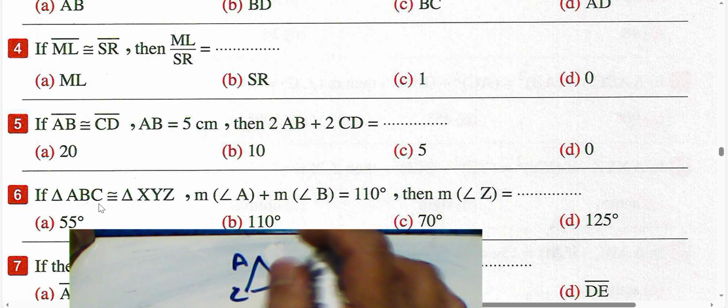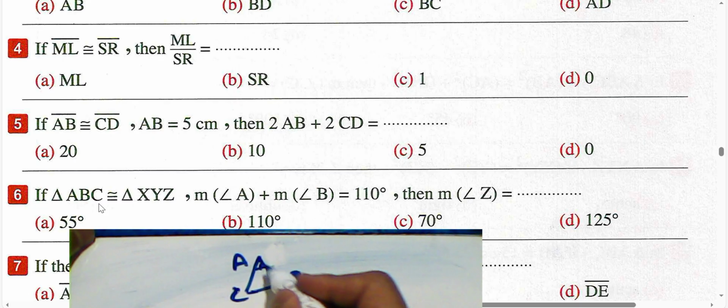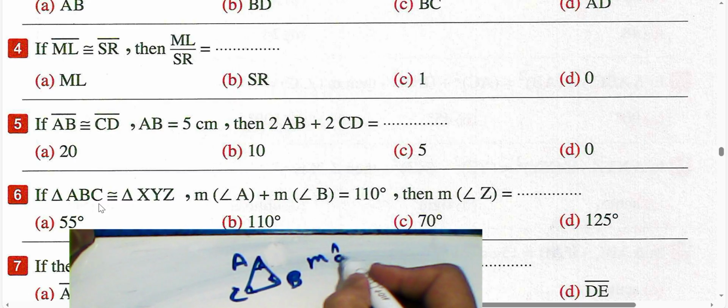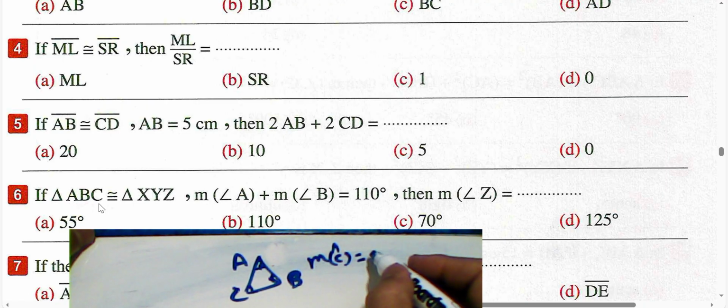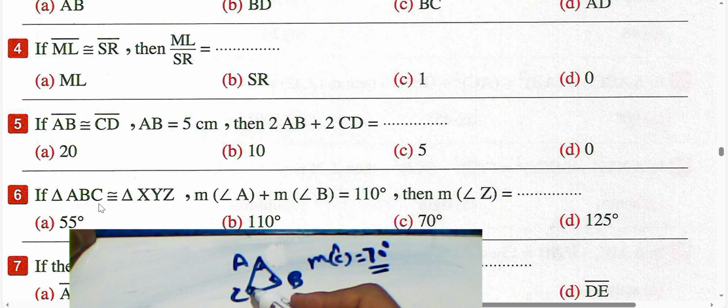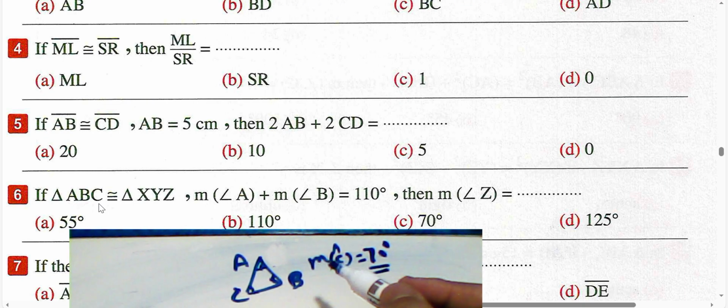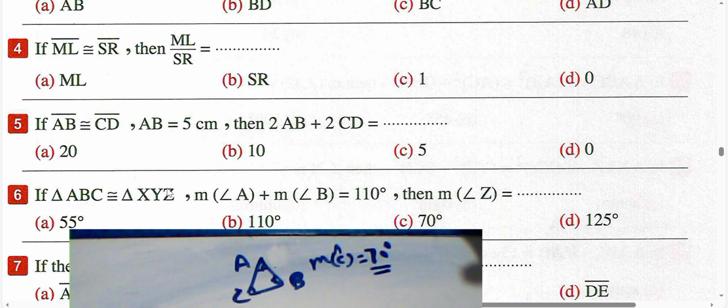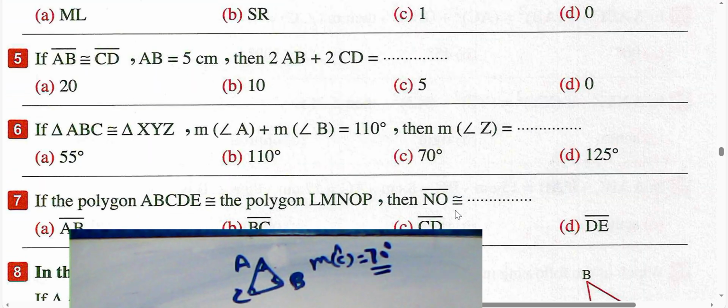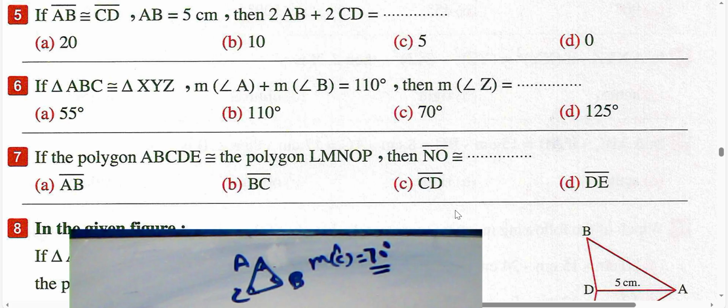The sum of angle A and angle B was 110, so 180 minus 110 equals 70 degrees. Then angle C is 70 degrees, and angle C is equivalent to angle Z, so angle Z is also 70 degrees. Letter C.